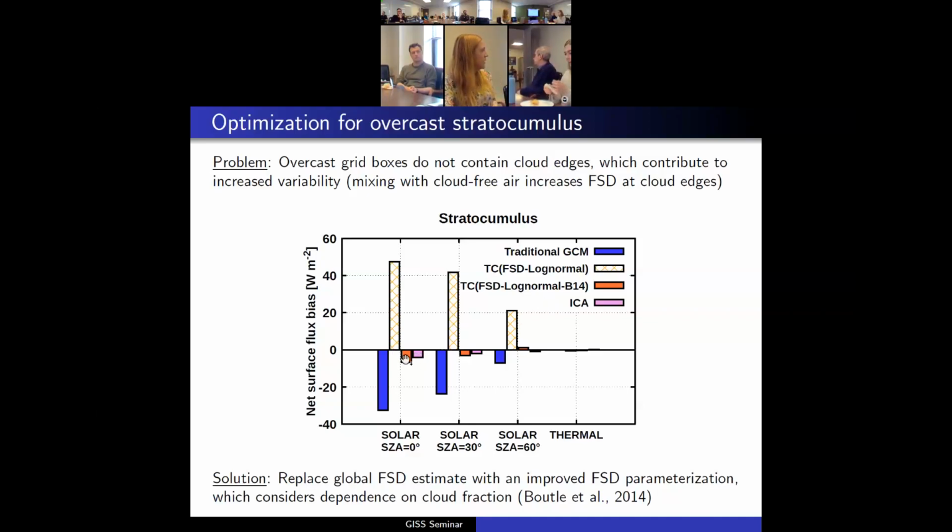This is this orange experiment. I'm showing here the net surface flux bias as an example. Radiative fluxes at the surface are largely dominated by the solar component, and so are the biases. In this way, we could also configure Tripleclouds in a way that it worked well for these overcast cloud scenarios.